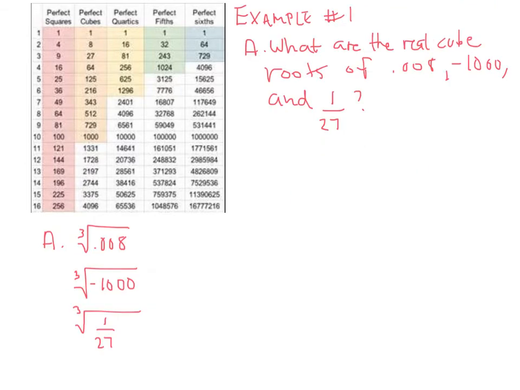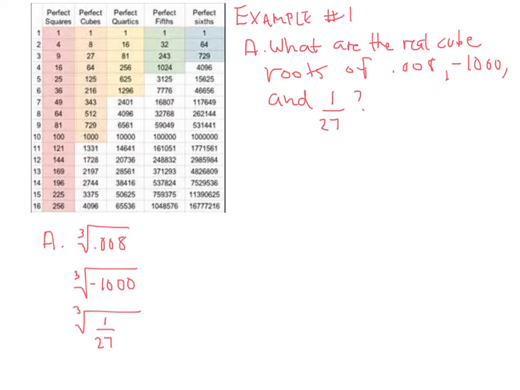Okay, here, taking a look at an example, we notice that we can be asked about real roots in two ways. One, we could simply be looking at a sentence or a question: What are the real cube roots of 0.008, negative 1,000, and 1 over 27?